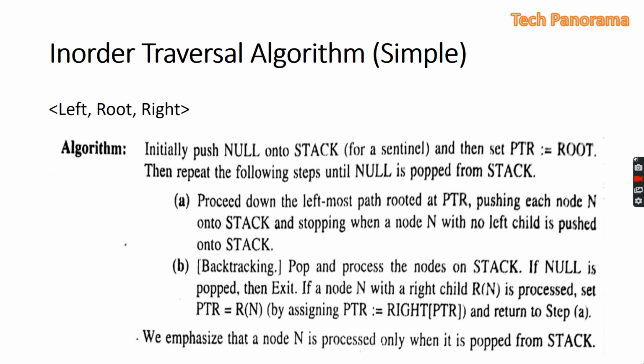And then we will start the second process, that is the pop. Then we will pop and process that node. If the node is not equal to null, then we will check its right. If the node has a right, then we will assign PTR equal to right and process it according to step number A. But if the null is popped, then we will stop the procedure.